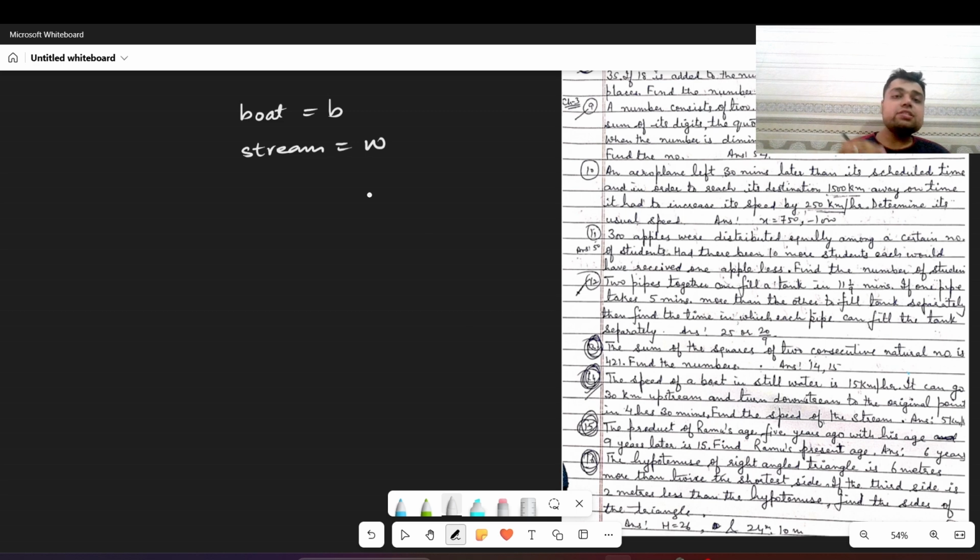Now first understand what is upstream and downstream. Let's say there is a waterfall, and we are going upward. Water is always going downwards due to gravity, but when we are going upward, then we are going against the water flow, right?